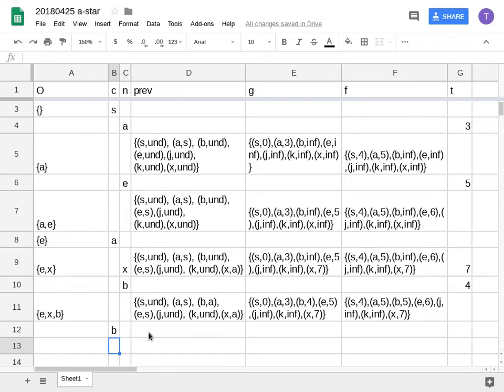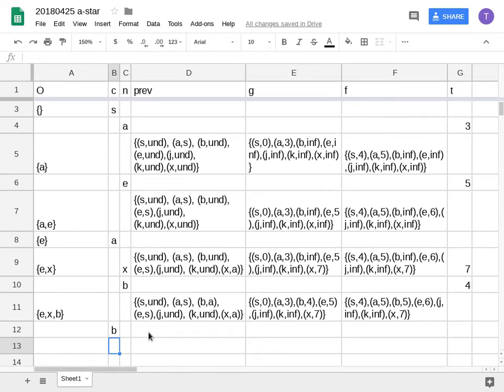The f value, on the other hand, is an estimate, based on the actual length of the known shortest path from the start to this particular vertex, but it also adds the heuristic from this vertex all the way to the destination. So it is an estimate of, if you go through me, I'm guessing the path is going to be this long.